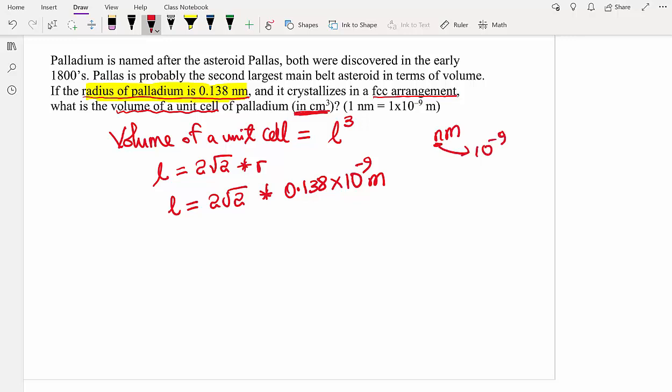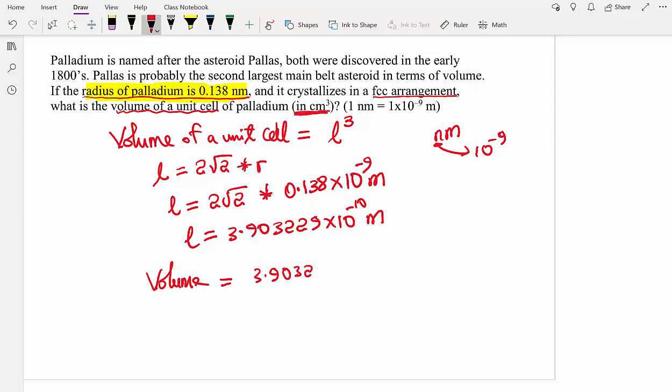If you put these numbers into your calculator, you should get L equals to 3.903229 times 10 to negative 10 meters. Therefore, the volume will be equal to 3.903229 times 10 to negative 10 meters to power 3.